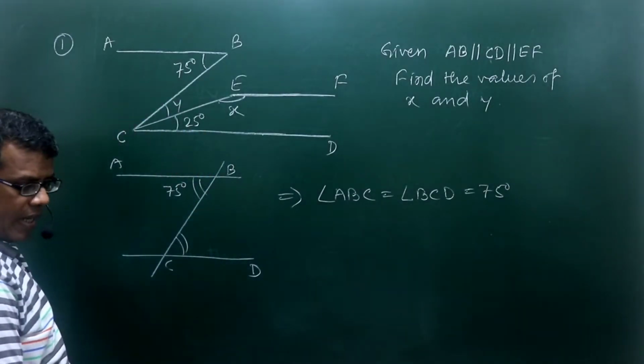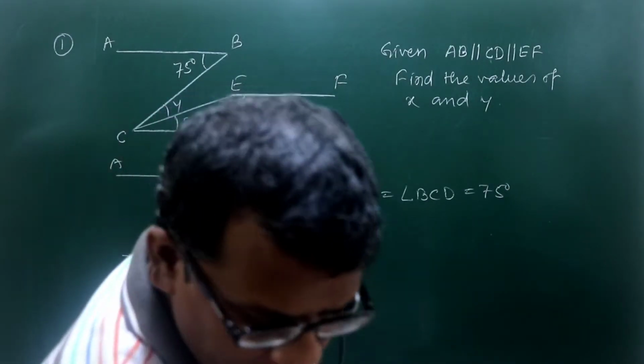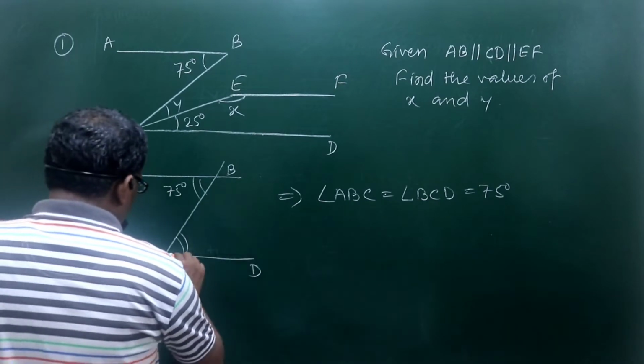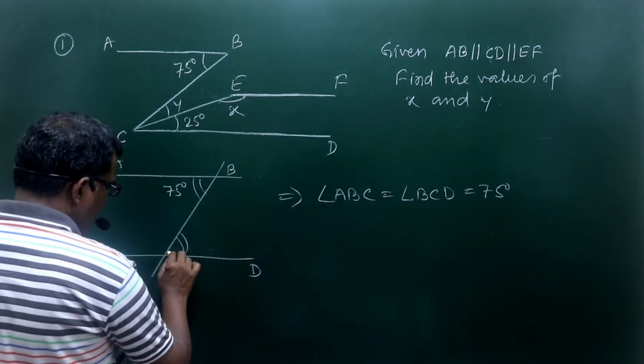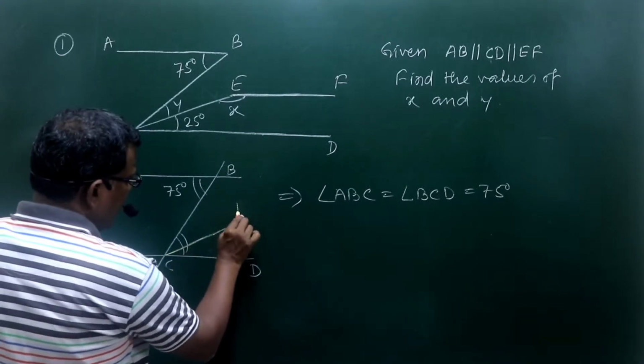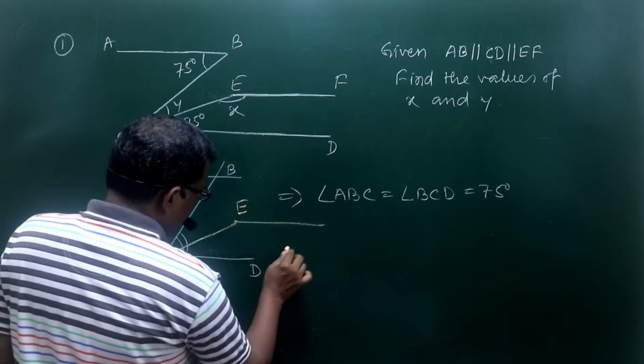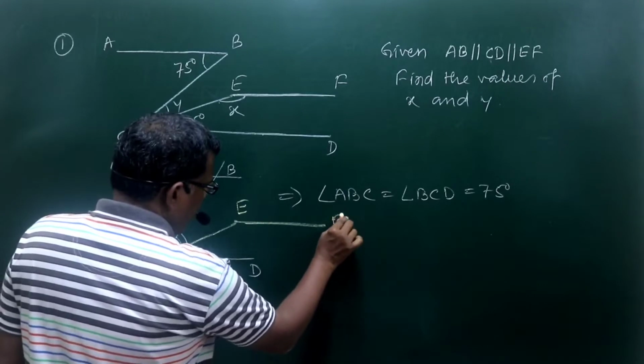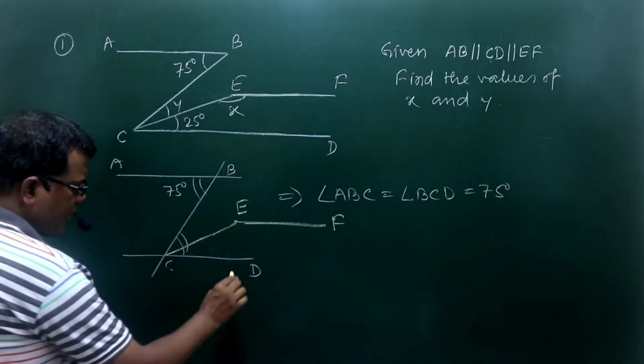But in the actual diagram, from the point C we can see another line CE, and then E to F further appears parallel to CD, right?